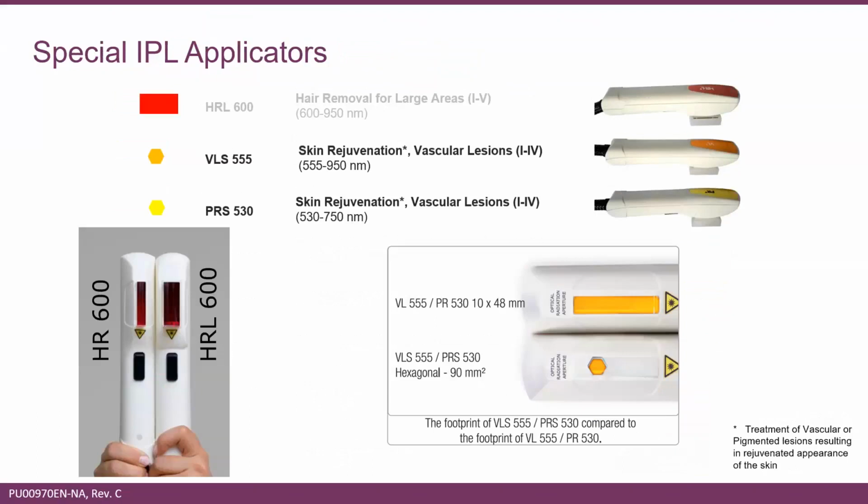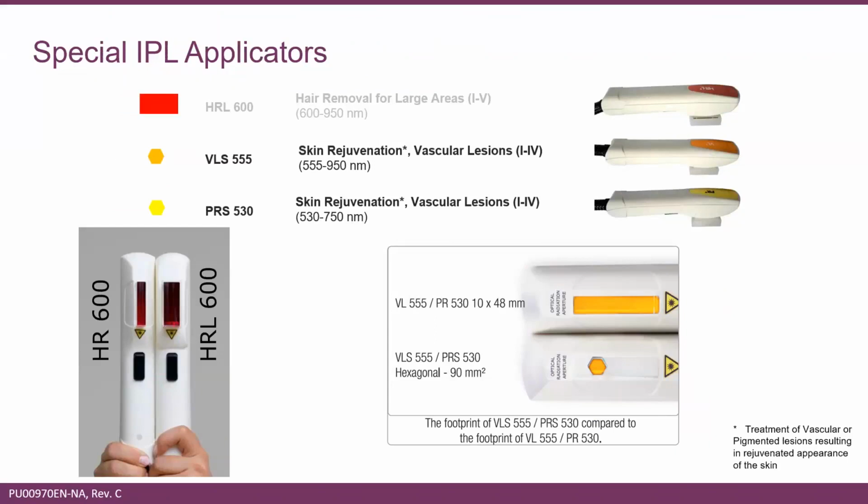Then we have another two handpieces. These ones have the annotation of S attached to VL or PR. This basically means that, as you can see from the diagram in the bottom right-hand corner, rather than having the large surface area of 10 by 48 millimeters in the oblong shape, we now have a hexagon.